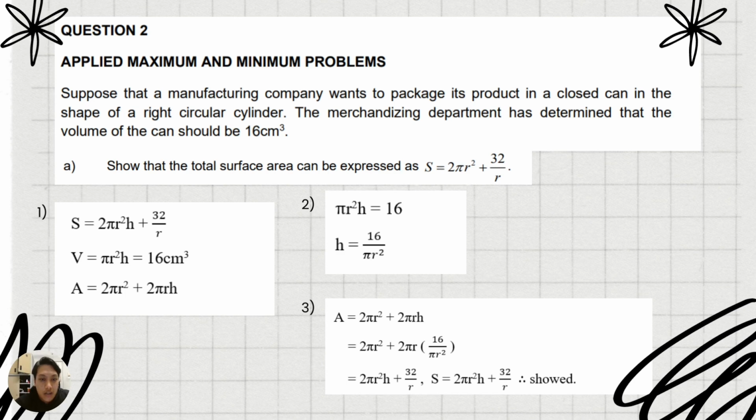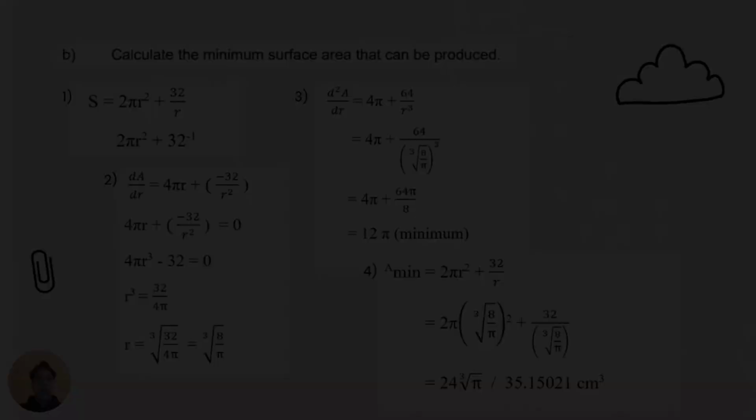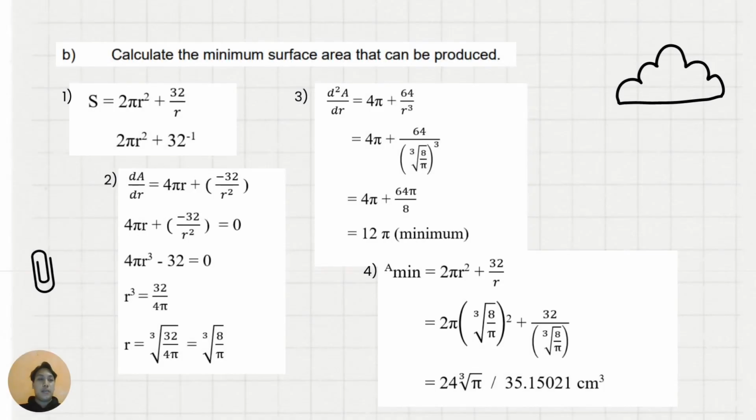After we solve it, we get the same expression. So, the total surface area can be expressed as S equal to 2 pi r squared plus 32 over r. Okay, so we move to question B.